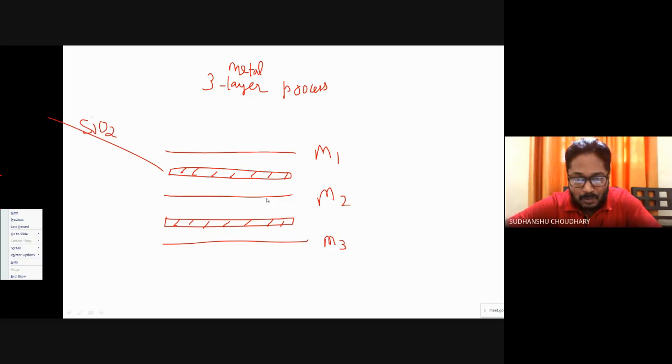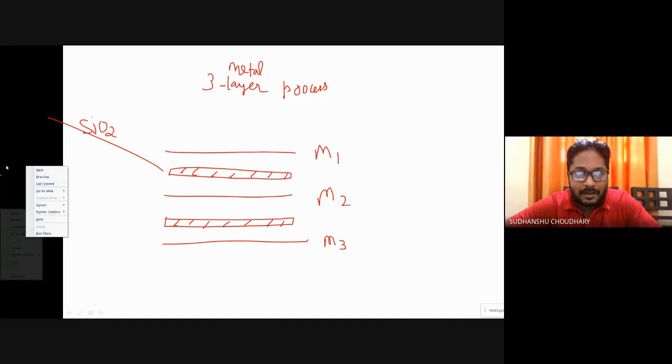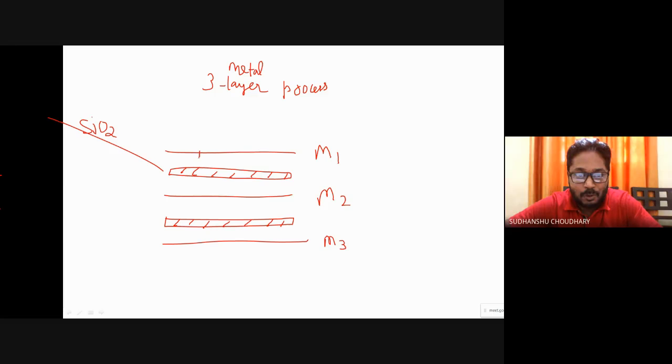Now the question is how we will connect. If I want to have a connection between metal 1 and metal 2, how is it done? In the actual manufacturing process, a hole is drilled from metal 1 to metal 2 via the silicon dioxide, right? Then that hole is filled with another metal.